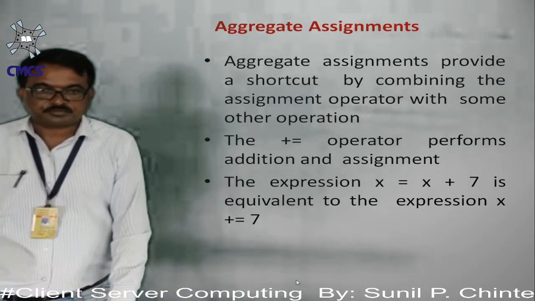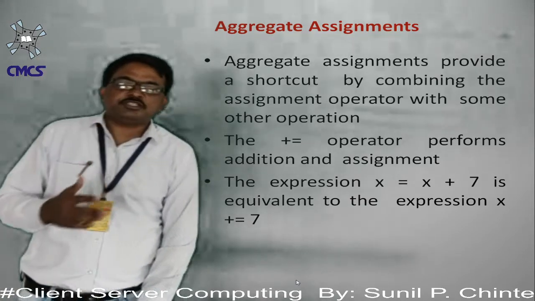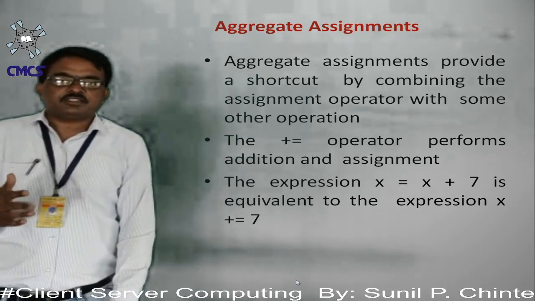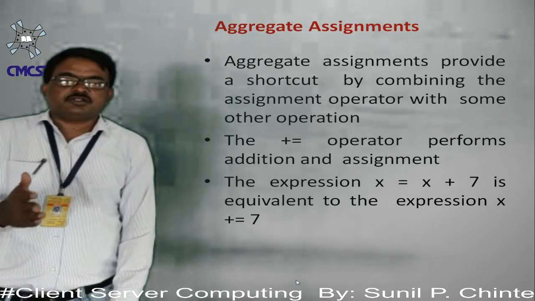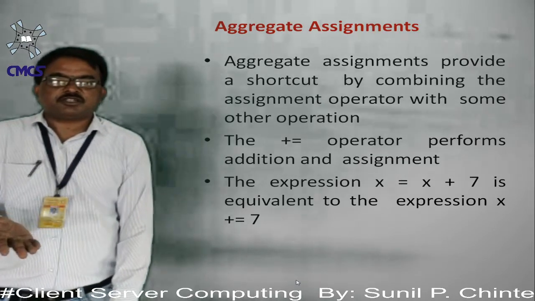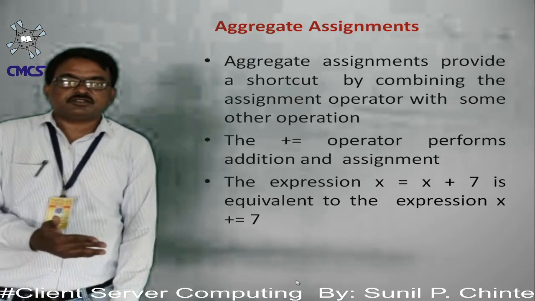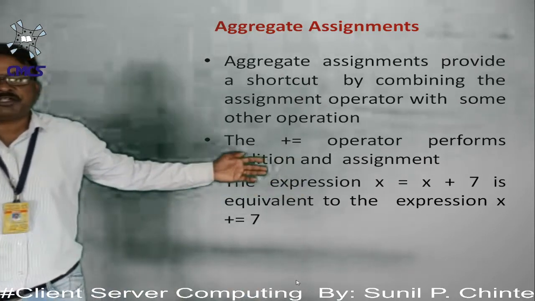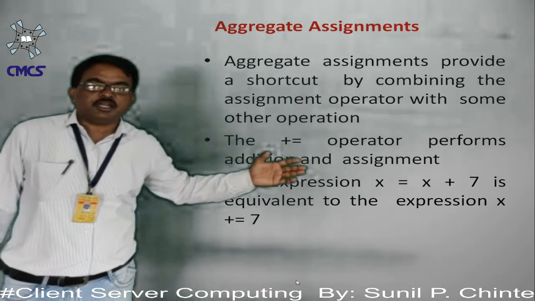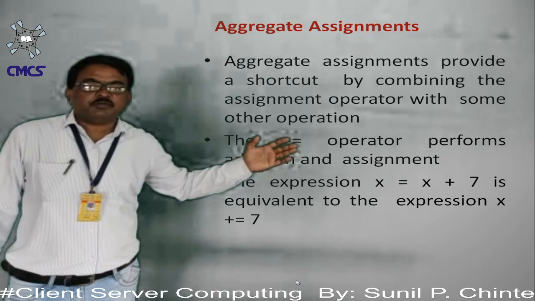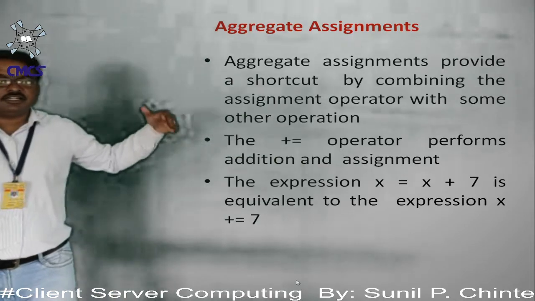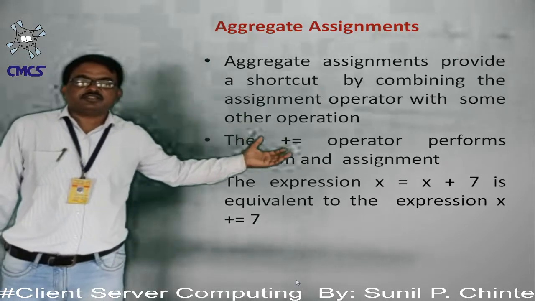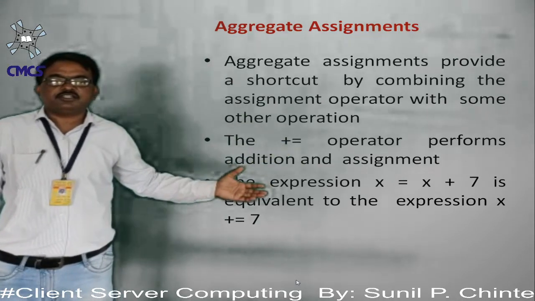Okay, now we have to see some assignment operators. The assignment operator with the plus, and the assignment operator with the minus. When we use the operator plus equals, it means we are performing the addition and the assignment operator. Here is the symbol, that is the plus.